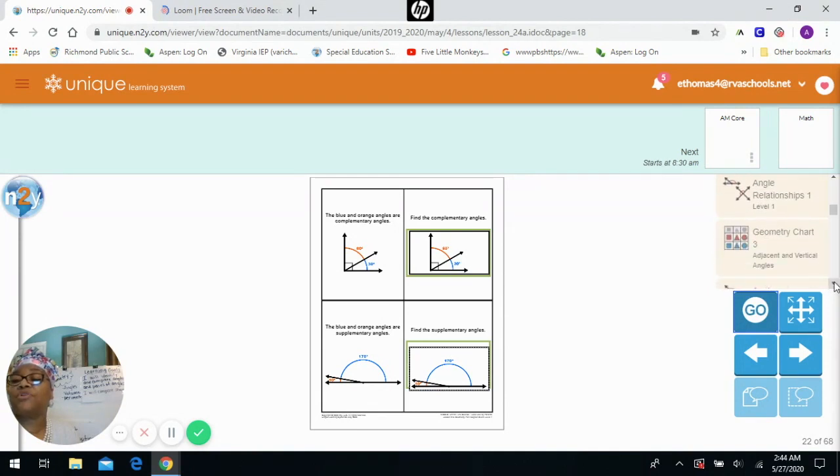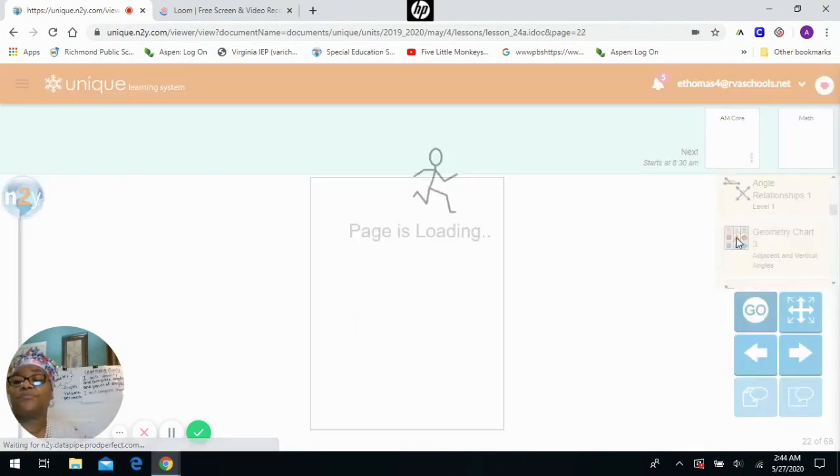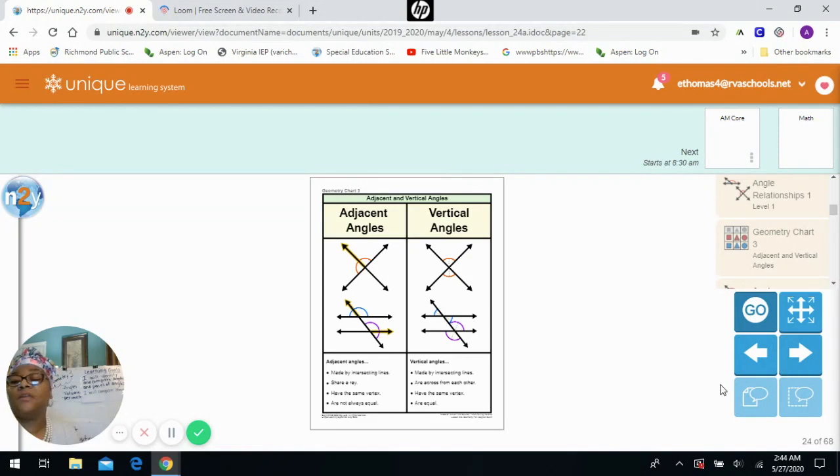We have several charts. Now let's do chart 3. Remember we have complementary, which add up to 90, and supplementary, which add to 180. Now we have adjacent angles and vertical angles. Adjacent angles, remember the X, the perpendicular.